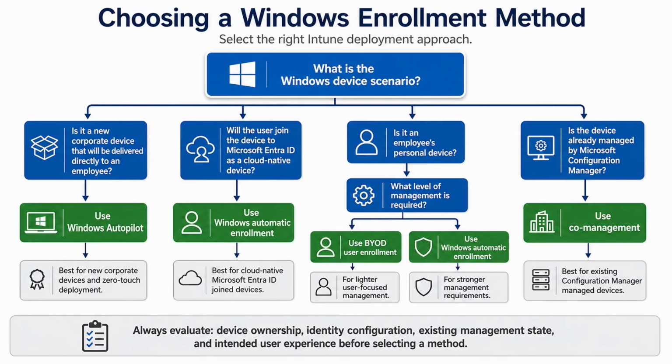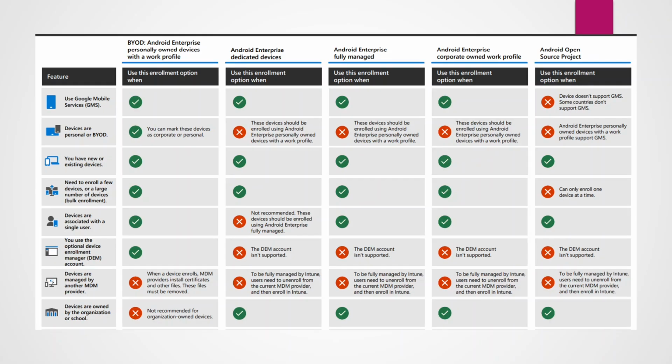Now that we have looked into the Windows enrollment methods, let's move towards the Android Enterprise enrollment options. So the image right here shows 5 different types of enrollment options that we get with our Android devices. The first one is personally owned devices with a work profile. Then we have the Android Enterprise dedicated devices.